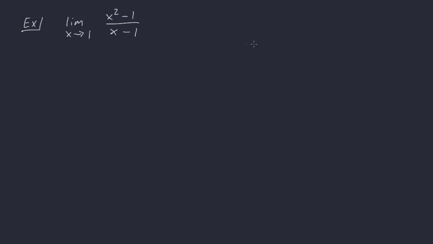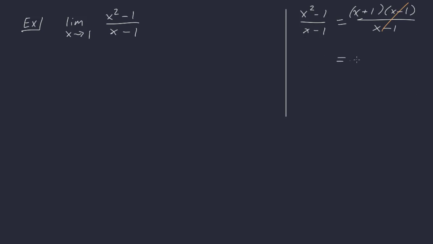In the past, if we were just shown this, what we often would do is just say factor everything. Factor the top, cancel out that piece, and then just say that this is equal to x plus 1.